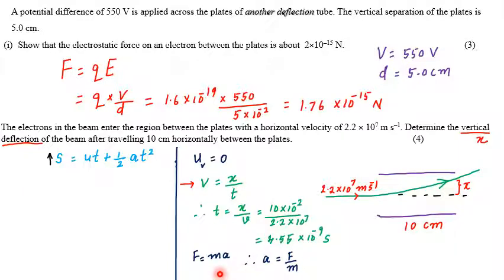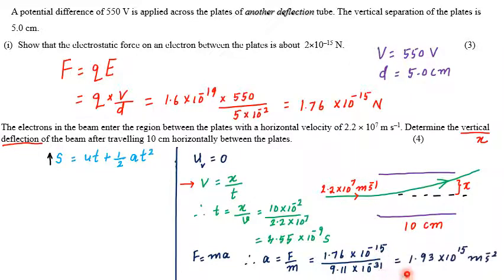Next, we have to calculate the acceleration. For that, we can use Newton's second law. F is equal to ma, or acceleration is equal to force over m. We have already calculated the force acting on this electron, which is 1.76 times 10 to the power minus 15, divided by the mass of the electron, which will give you 1.93 times 10 to the power 15 meters per second square.